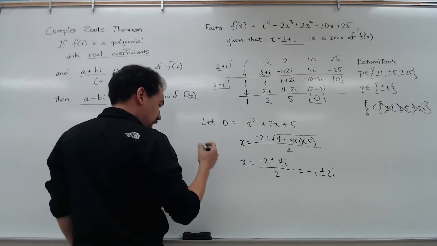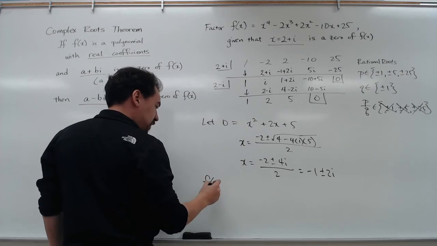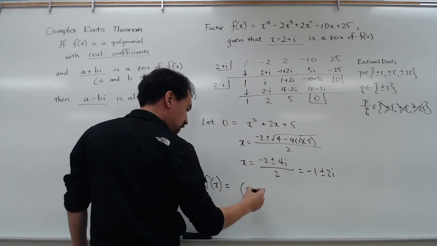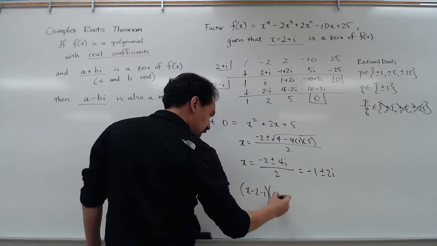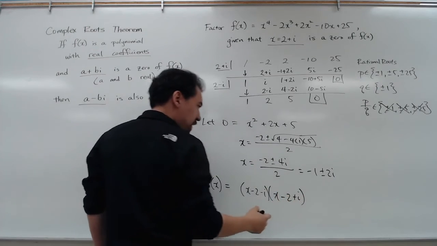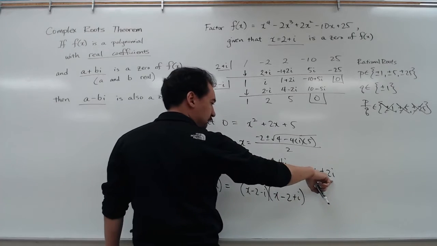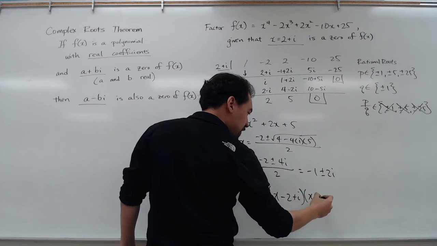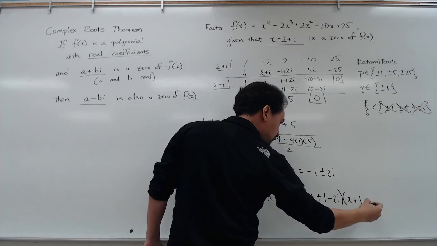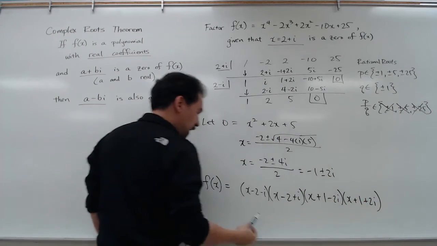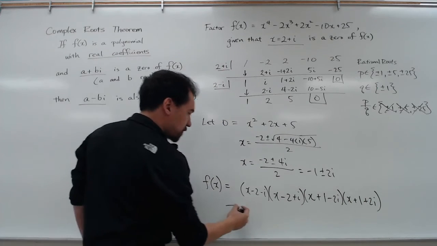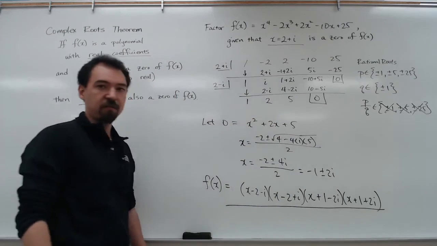So I know that finally my f of x has to be x minus that, which is minus 2 minus i, then x minus that, which is minus 2 plus i, and then x minus each of those, so that's x plus 1 minus 2i, and x plus 1 plus 2i. And then the coefficient in front is just 1. So this becomes my factorization of f.